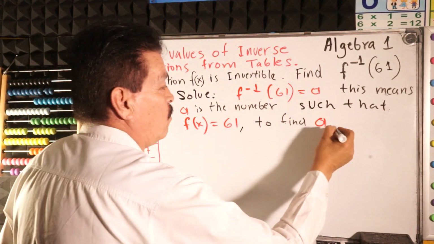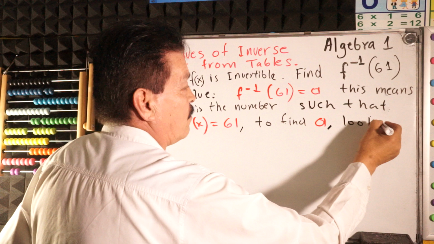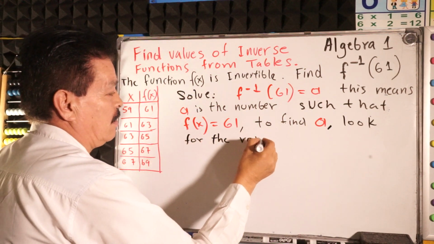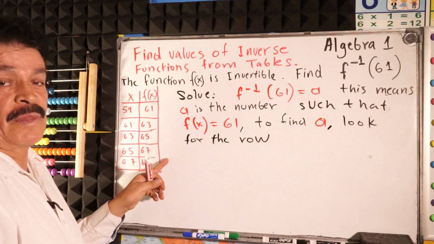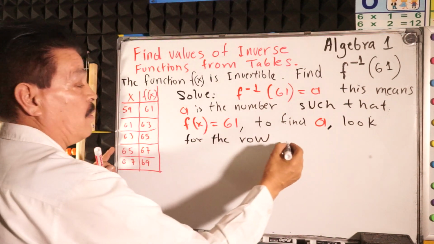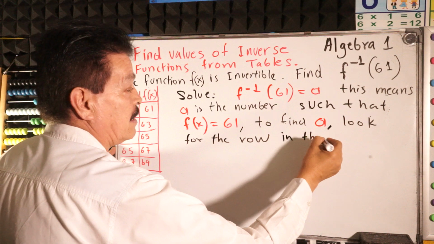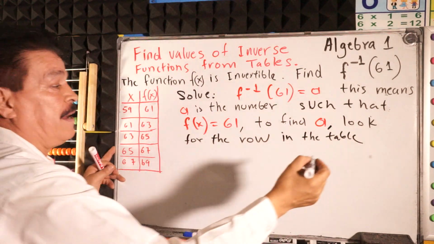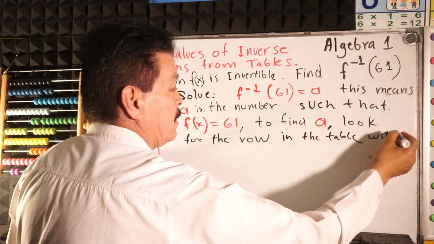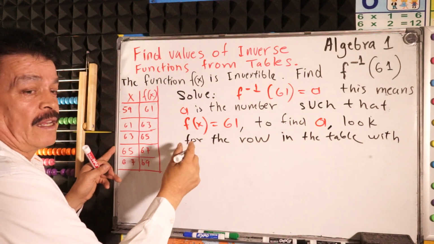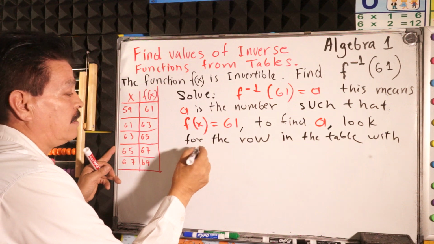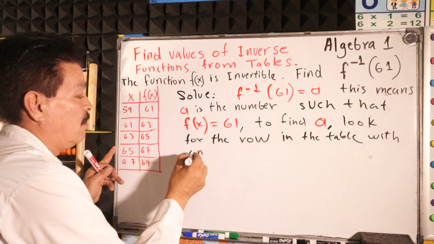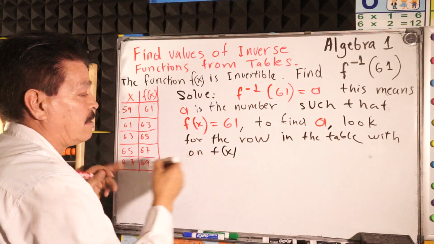Look for the row. I am doing it step by step in the table. Look at the row of f of x.